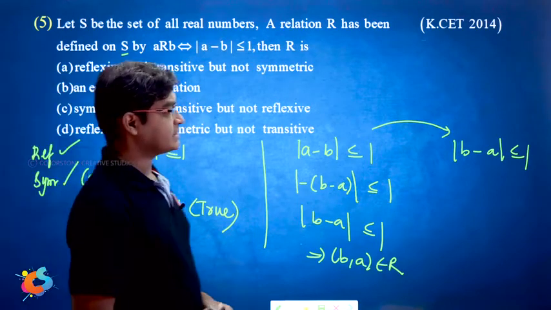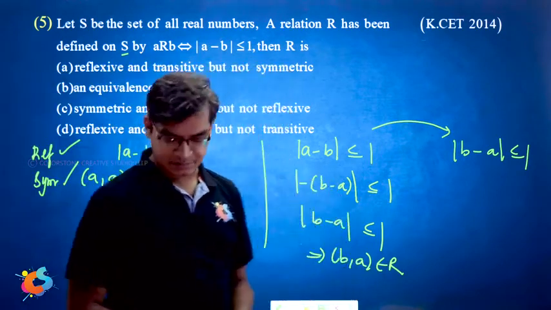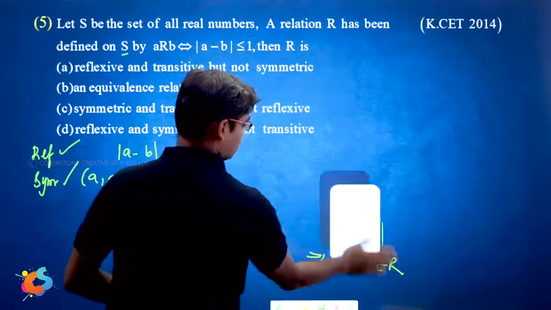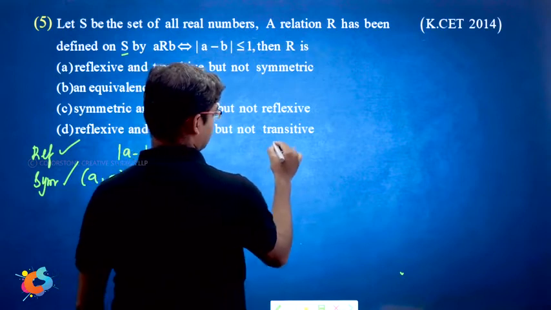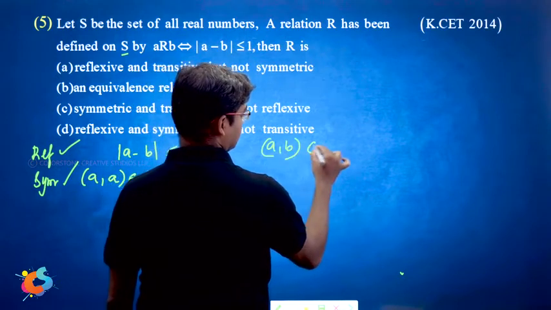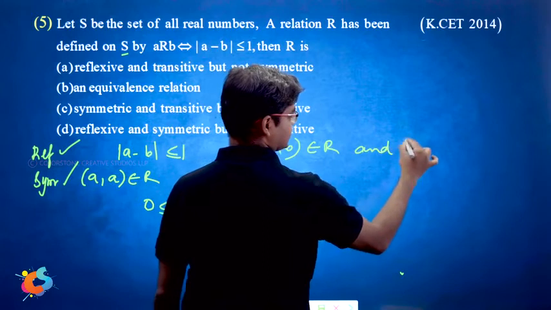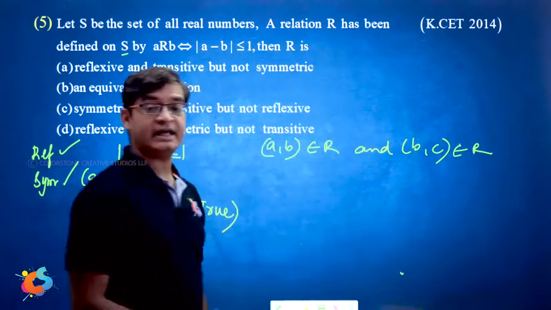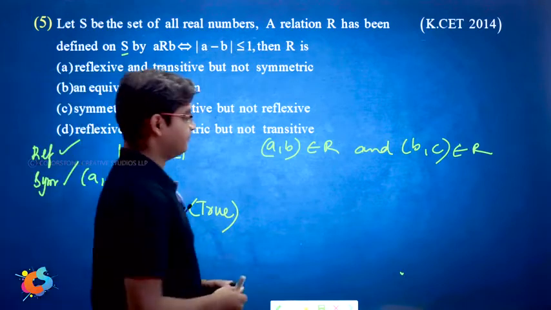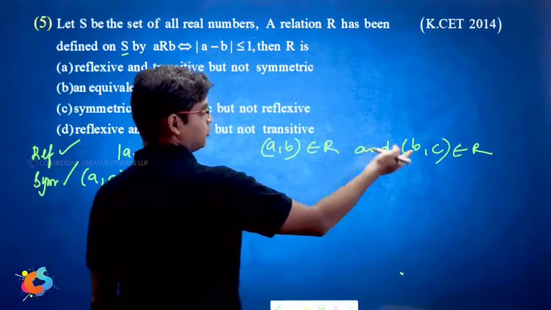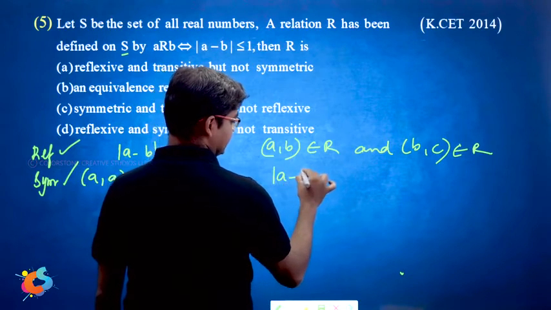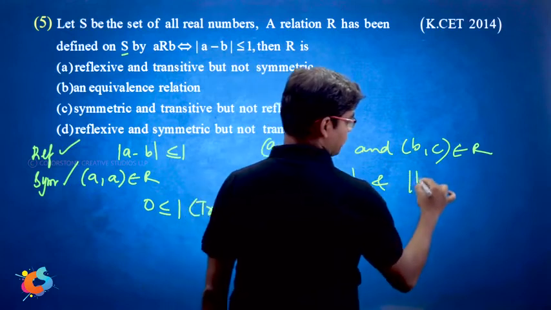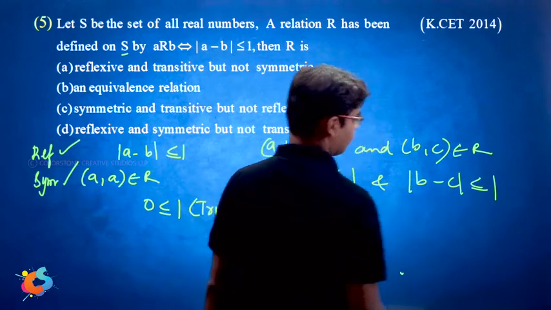Next, will it be transitive? Again the same thing. We have to prove that if (A, B) belongs to R and (B, C) belongs to R, then (A, C) also belongs to R. Given that these two belong to R, it is given that the modulus of A minus B is less than or equal to 1 and the modulus of B minus C is less than or equal to 1.